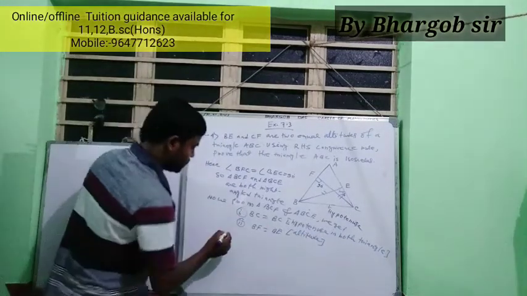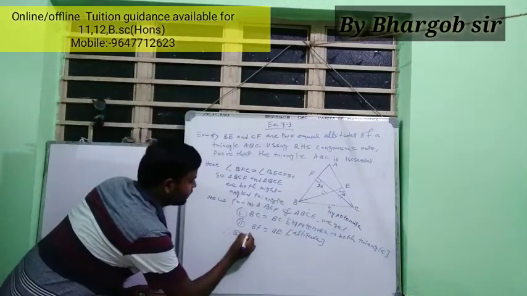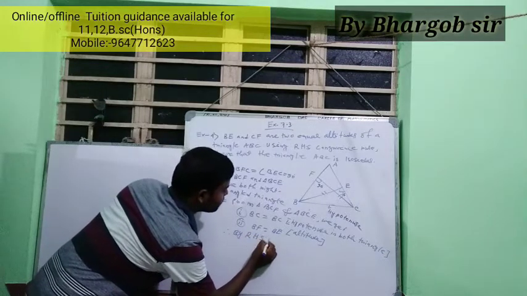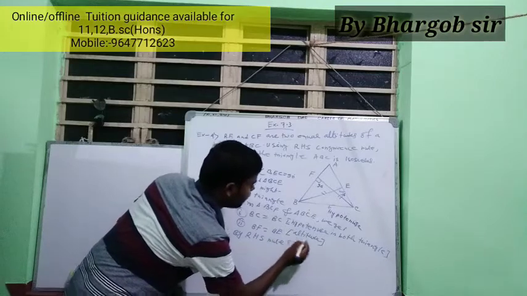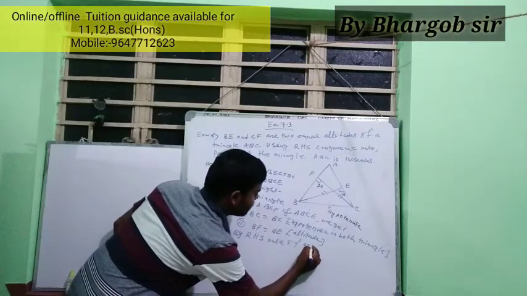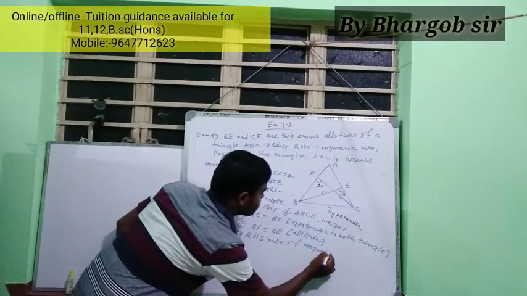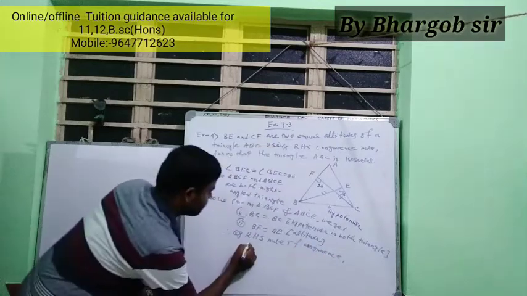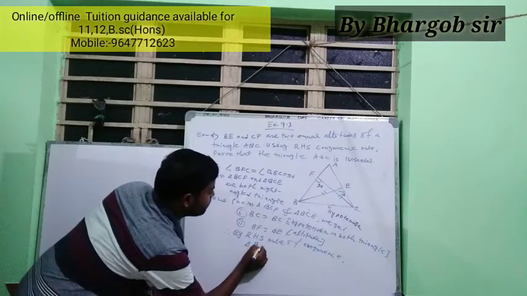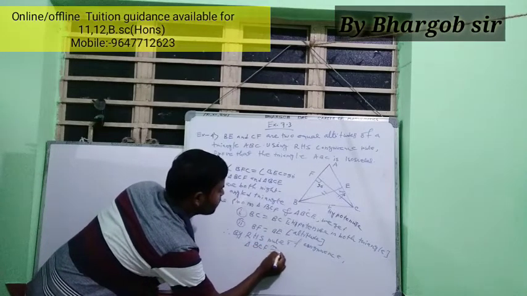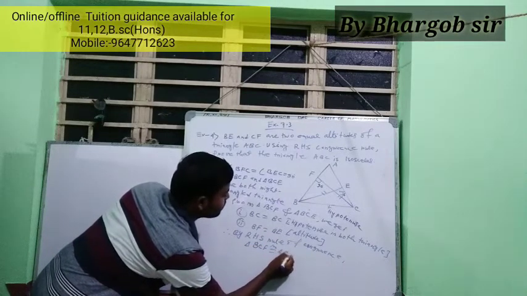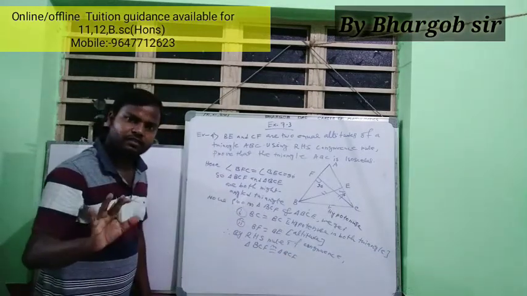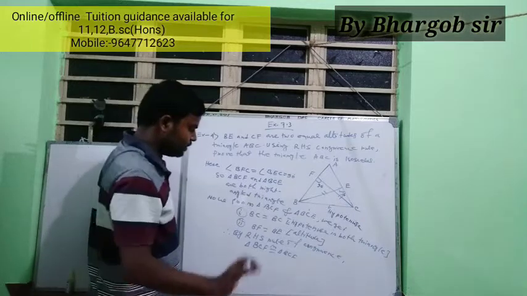So by RHS rule of congruence, triangle BCF is congruent to triangle BCE. Okay, it is done.